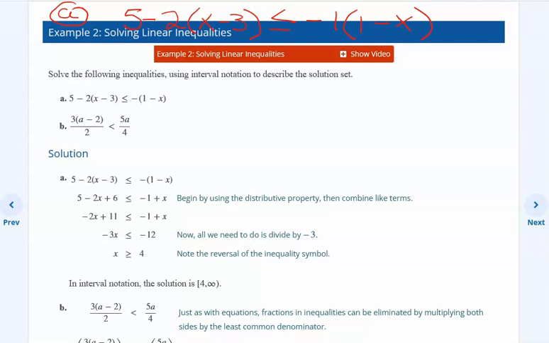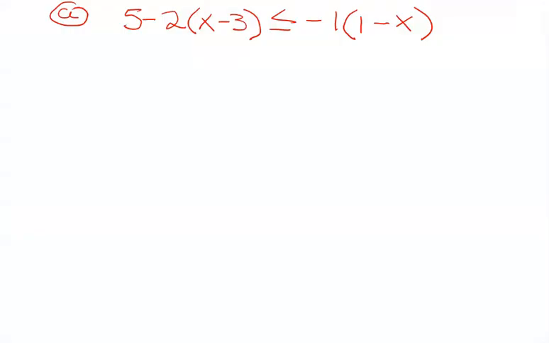We've copied down what we have here, going to the whiteboard, and if we didn't have this inequality sign, this would be a typical equation. We'll keep our inequality sign under each other. We're going to get rid of grouping symbols here. So this is 5 minus 2x, distributing that, plus 6 is less than or equal to.